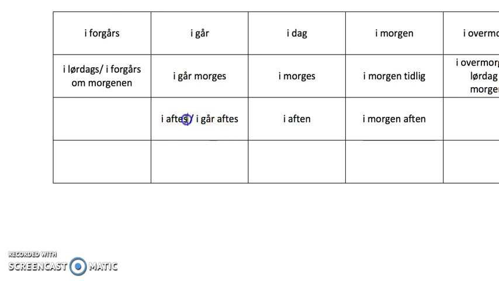So this is referring a little bit back to, you see there's an S here and there's an S going on here. The S refers to the last past incident of this, the last case of, in this case, evening, or the last case of morning. So while i morges is referring to today, that's because usually when we speak of what happened this morning, the morning has already passed.